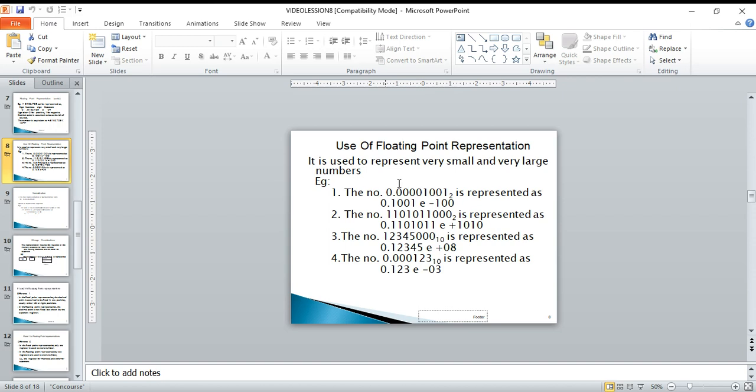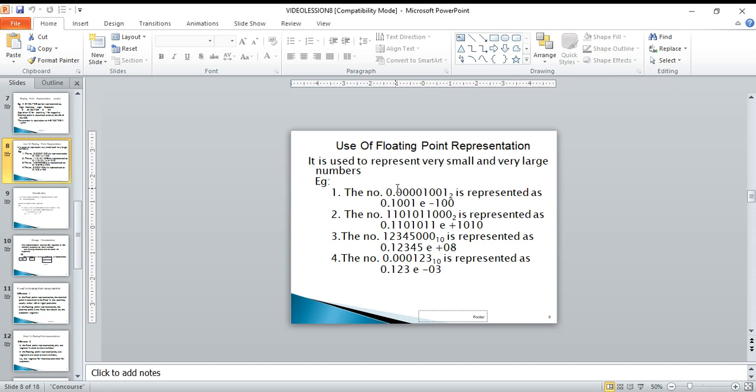This is the binary number, so we have to represent it in the form of binary bits itself. 4 is a decimal number, so 4 can be represented as 100. Like this we can represent this number in the binary floating point representation.